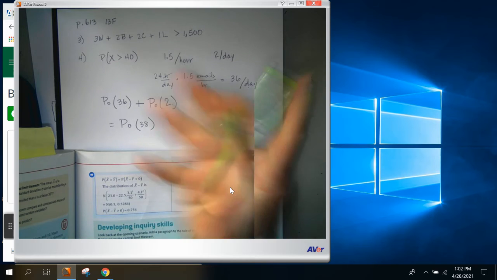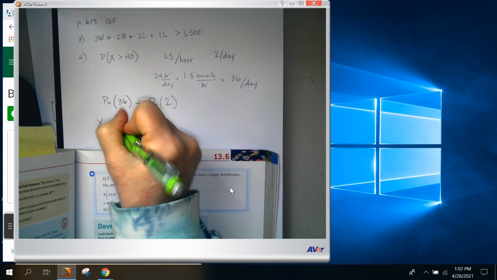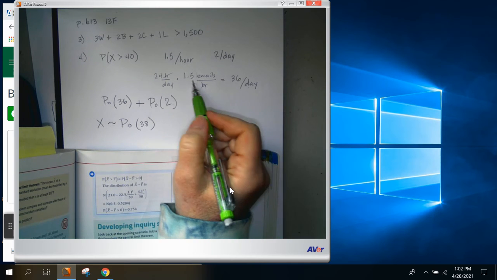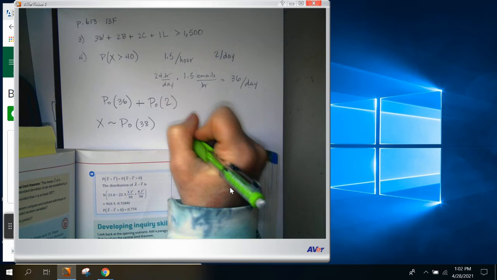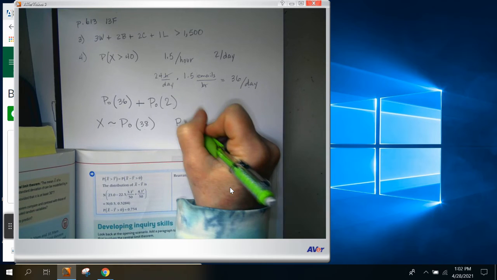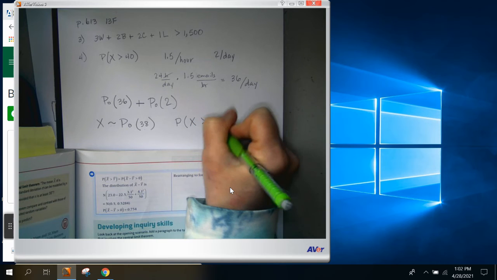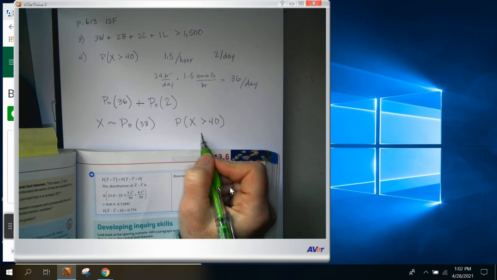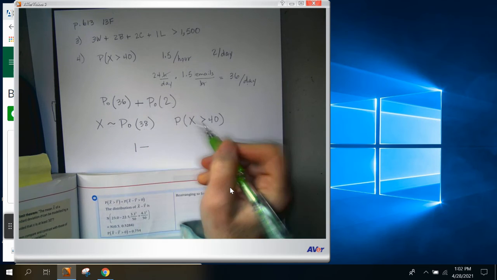So let's go ahead and set this up. My random variable is distributed as a Poisson distribution, because it's an average during a time period, with a lambda of 38. I want to find the probability that this will be greater than 40. With the Poisson, it only gives us a less than, so we need to set this up as 1 minus the complement.